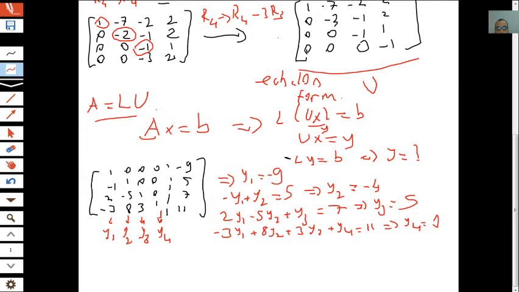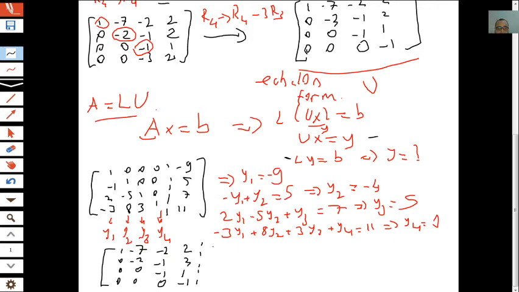We know U written here, so writing here the augmented matrix of the first one, this one, 1 0 0 0, minus 7 minus 2, 0 0 minus 2 minus 1 minus 1 0, 2 2 1 minus 1, and it is equal to y.